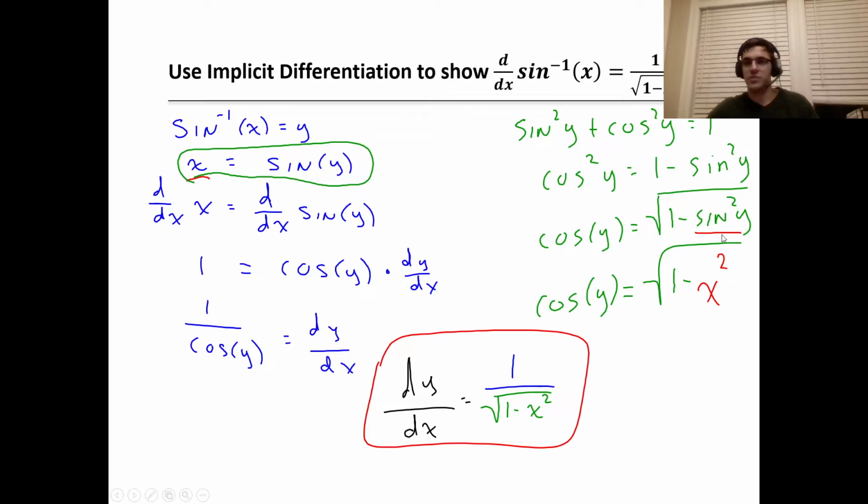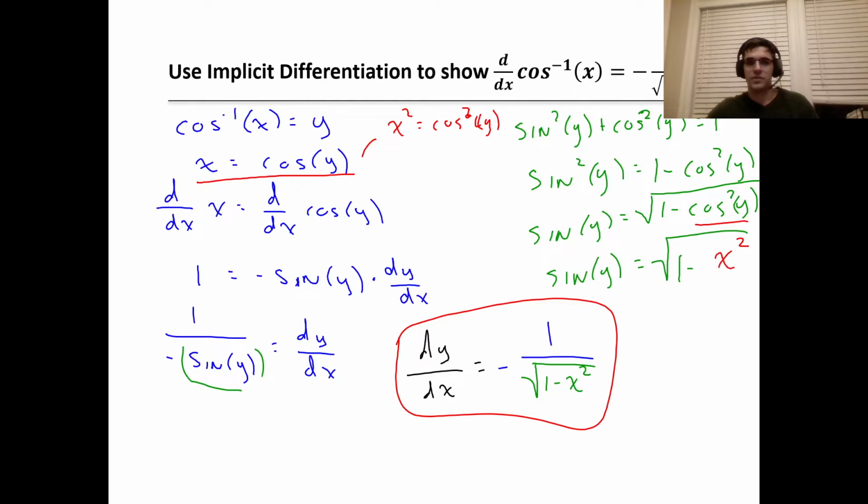And then now we have an equality for how to turn cosine of y into an x value. Cosine of y is equal to the square root of 1 minus x squared. Because of this, I'm going to replace cosine of y in our derivative equation, and we end up with dy dx equals 1 over the square root of 1 minus x squared.